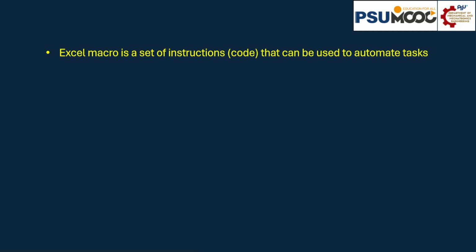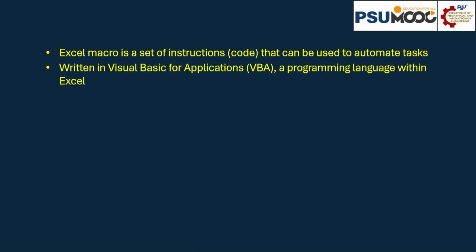An Excel macro is a set of instructions or code that can be used to automate tasks. These are written in Visual Basic for Applications, also known as VBA, a programming language within Excel.